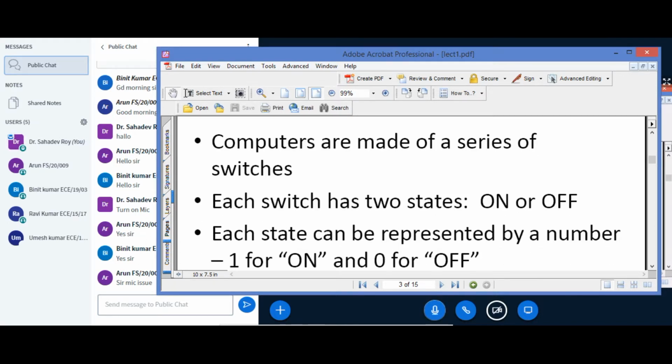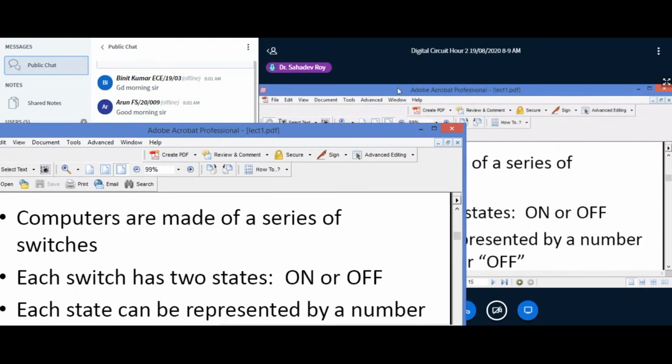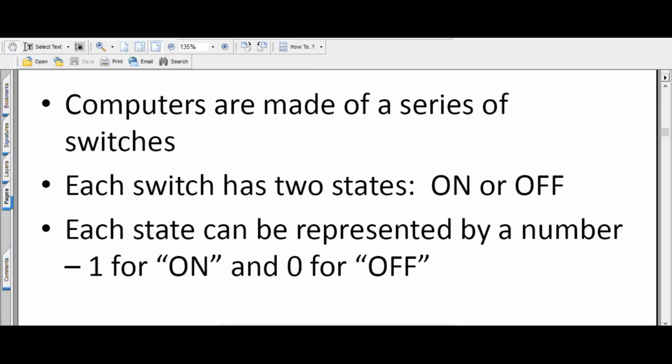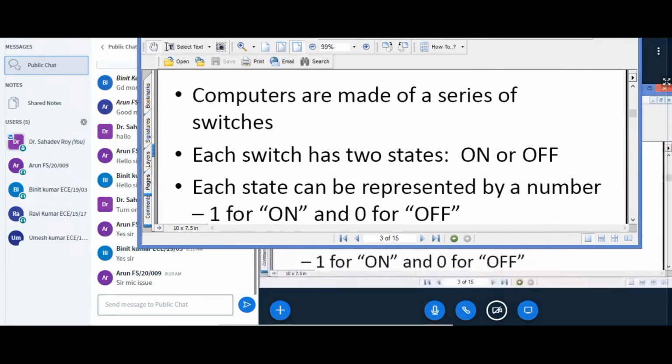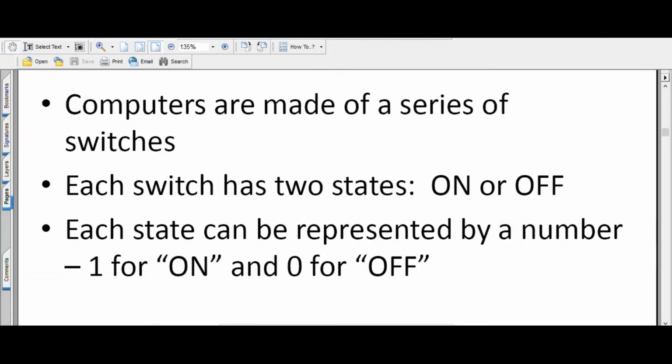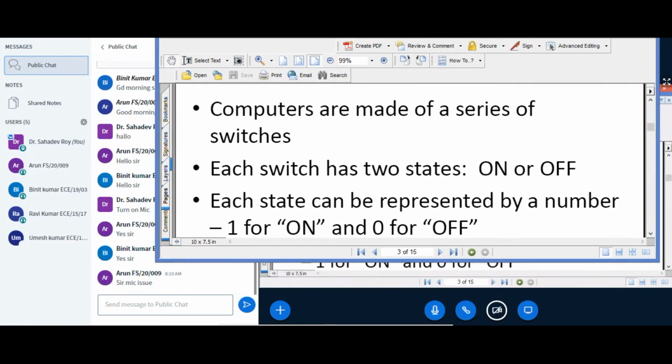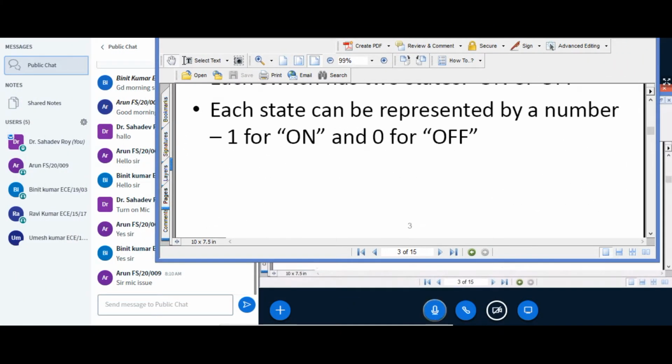So each state can be represented by a number, 1 for on and 0 for off.